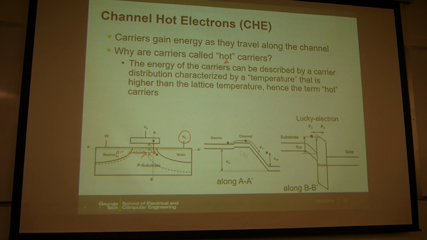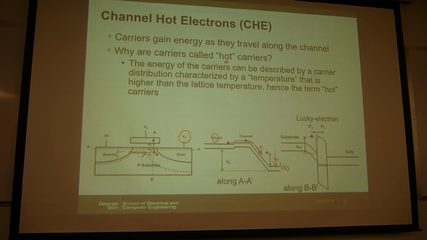If we look at the band diagram along the channel, from source to drain, the drain has a large VDS, so the drain is bent down, and electrons basically will fall off this barrier. As the electrons fall down, they gain kinetic energy.